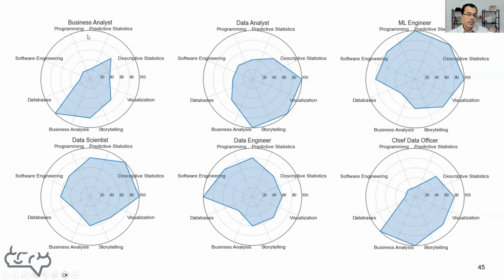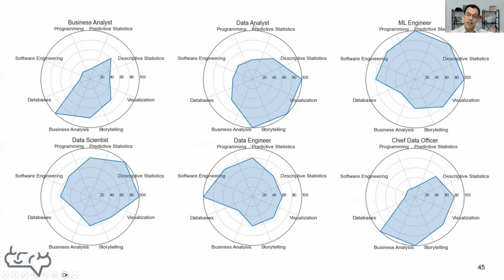For each of these careers, I am plotting the skills or knowledge of these professionals in predictive statistics, descriptive statistics, visualization, storytelling, business analysis, databases, software engineering, and programming. On the left, we have the more programming-based skills. Here we have the more mathematical skills. Here we have the more business-oriented skills.